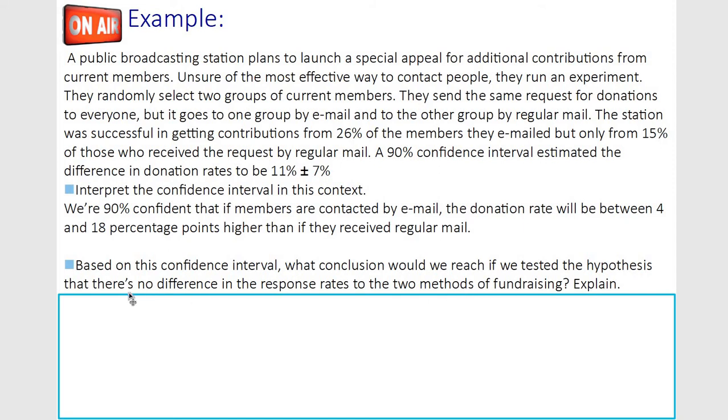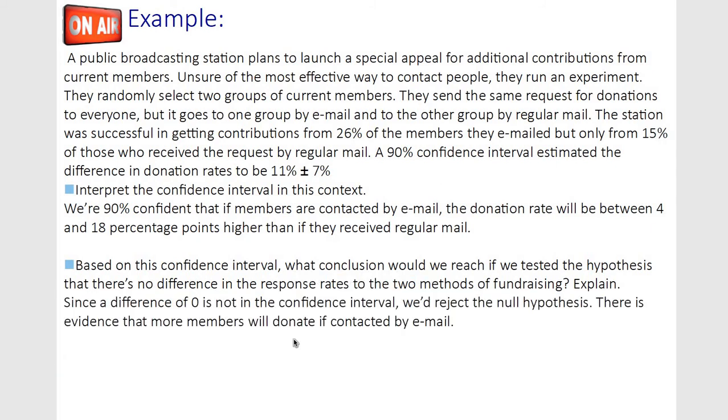All right, if we tested the hypothesis that there's no difference in the response rates. Okay, well, the difference should be 0, right? If we're looking for no difference, then 0 should be in my interval, but it's not. It's between 4 and 18 percentage points. So that's stating that there's a difference, so we'd reject the null hypothesis. Okay, you got to know how to describe your confidence interval and where to go from there, and what that means.